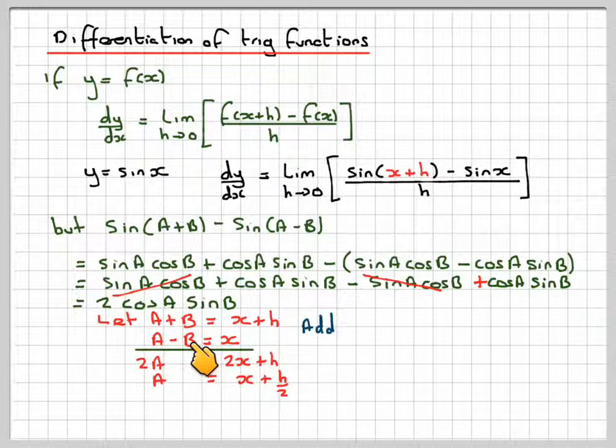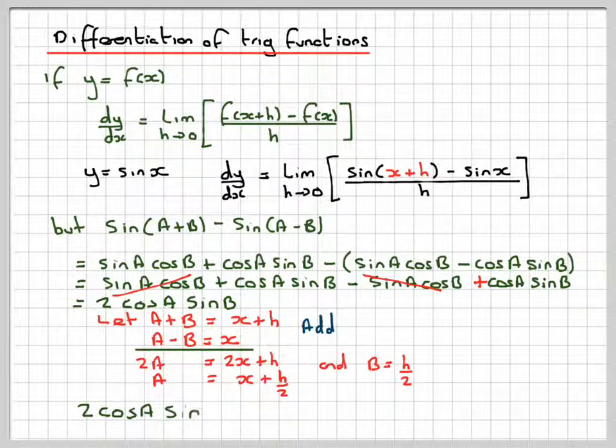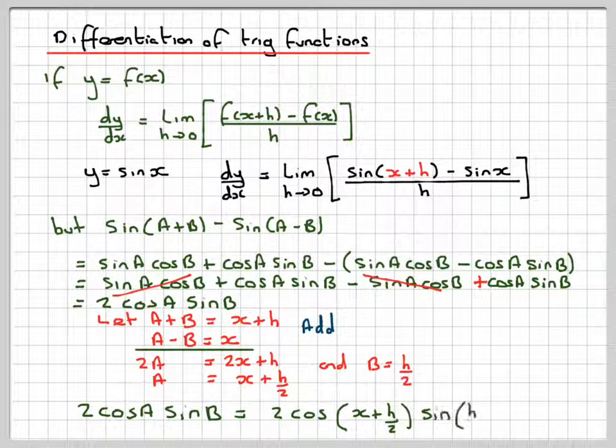By looking at this one here, we can very easily see that b will be h over 2. So basically this represents this, but we know it can be written like this. When we make a plus b equal to this, then we can find the value of a, and if we make a minus b equal to that, we can find the value of b, which we have done. So we've got that 2 cos a sin b is equal to 2 cos of x plus h over 2 sin h over 2.